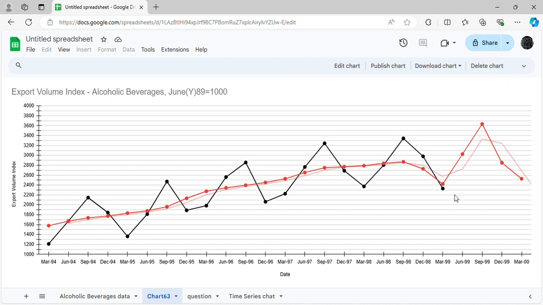Okay, so now we can see the centered moving average is plotted like this.